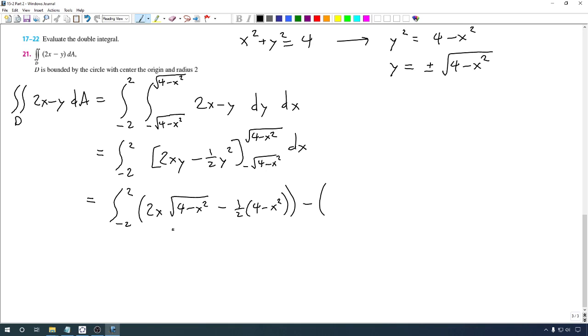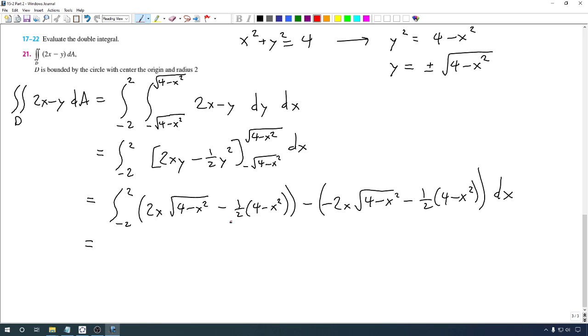And really, it's going to be exactly the same kind of thing, except the negative on the y doesn't go away, so we end up just getting a minus. We have a negative 2x square root of 4 minus x squared minus 1/2 of 4 minus x squared. And let's see if anything cancels out or combines. Well, maybe not exactly what you'd want to have happen.